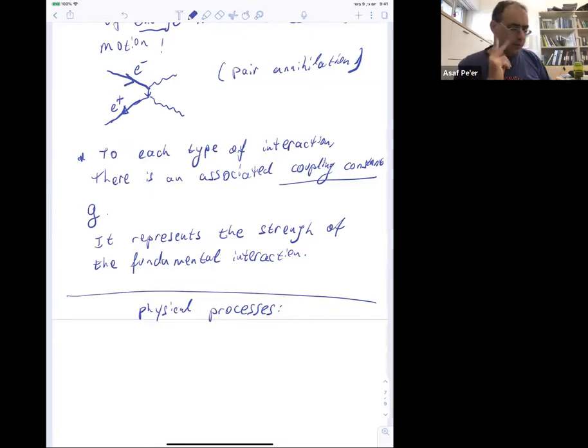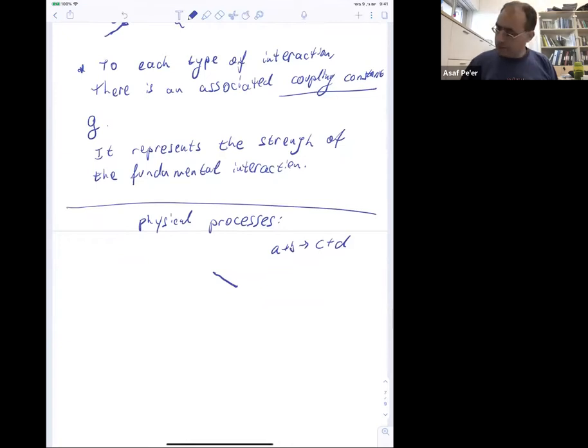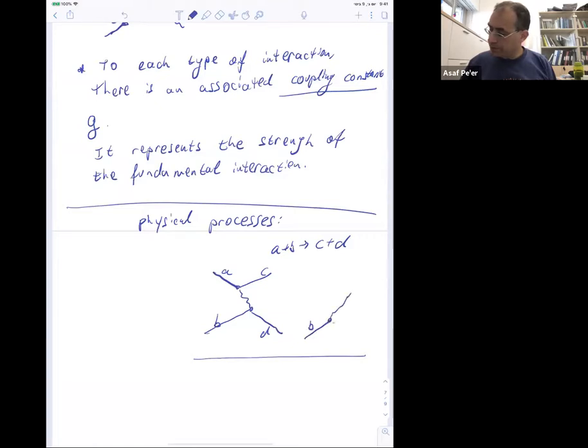For example, we have an interaction between two particles, A plus B goes to C plus D. Particle A emits a photon, and this photon is absorbed by particle B. So particle A turns into particle C, and particle B turns into particle D. Of course, we can have the opposite order, in which particle B first emits a photon, which is then absorbed by particle A, and particle A turns into particle C, and particle B into particle D.